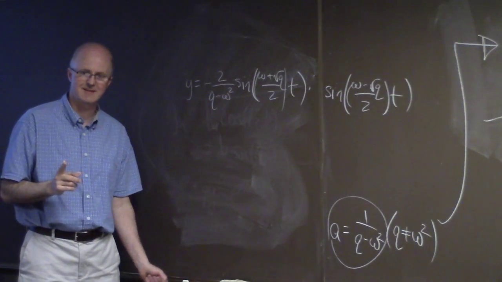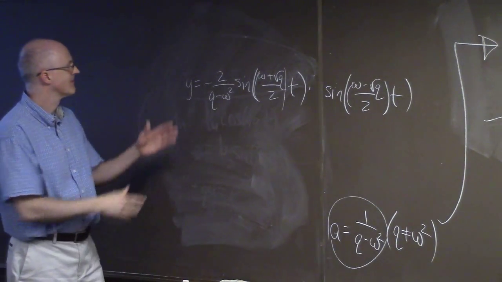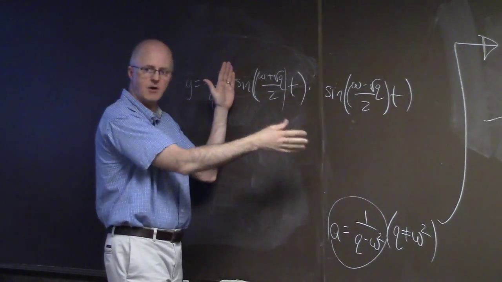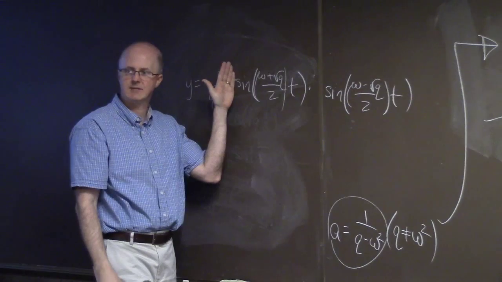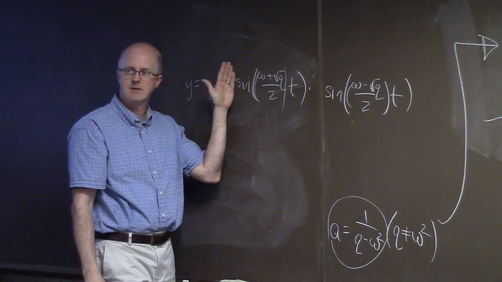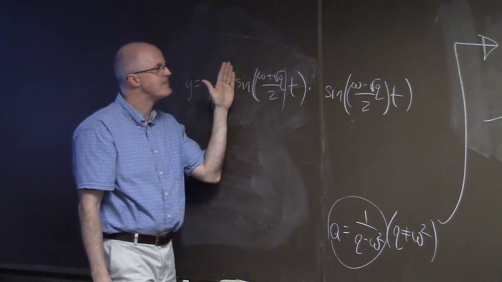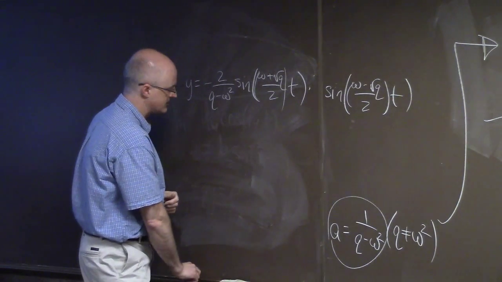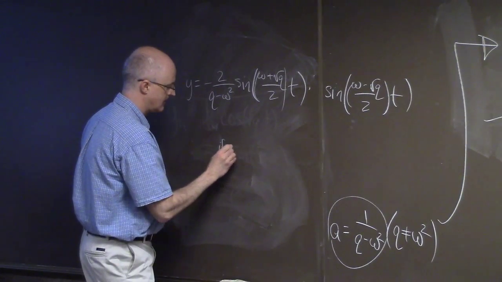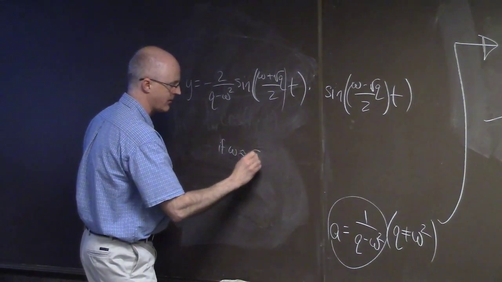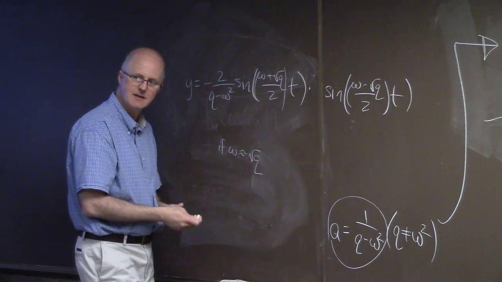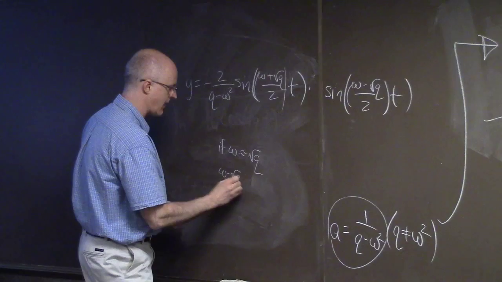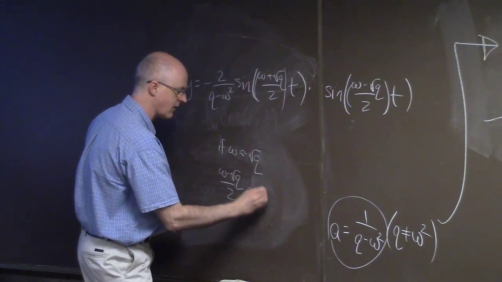Now you think about this here. You've got this constant times the product of two things that are always, each thing individually, between negative 1 and 1. If omega is really close to square root of q, if omega is approximately square root of q, not equal to it, because that's the case we haven't thought about, that means omega minus square root of q over 2 is close to 0.